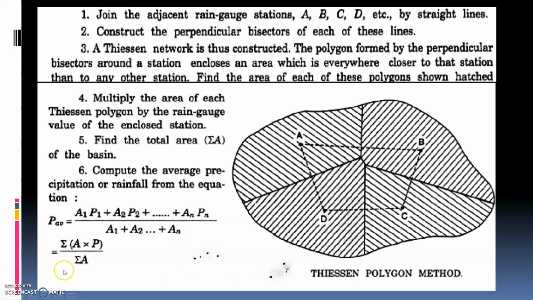So you can write it like this also: summation of A into P divided by summation of A, meaning the algebraic sum of all the areas multiplied by the precipitation divided by the total area. In this way you can find the average rainfall using the Thiessen polygon method.